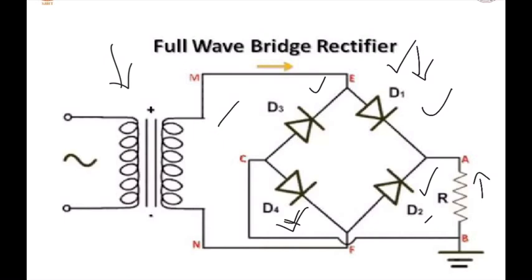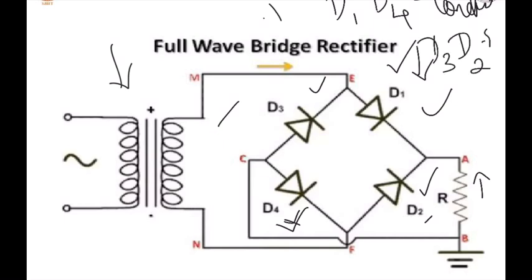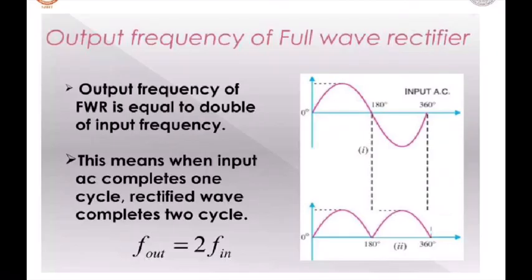It is very simple. During the positive half cycle, diodes D1 and D4 will conduct. Remember this. During the negative half cycle, D3 and D2 will conduct. So by this you can see the output here. How do you get the output?